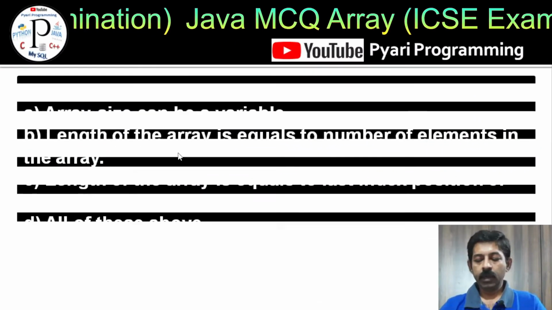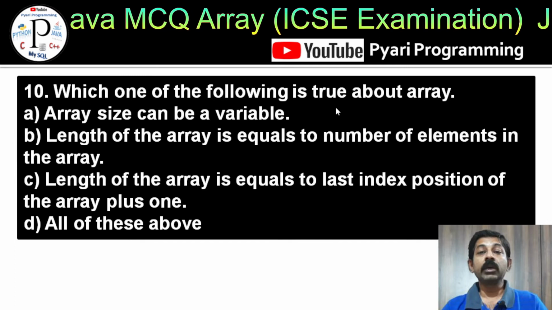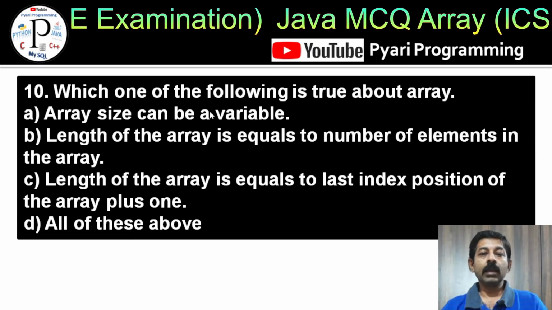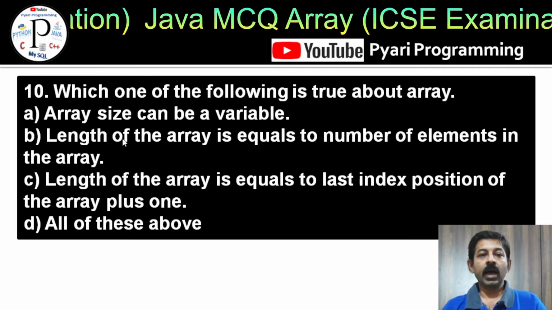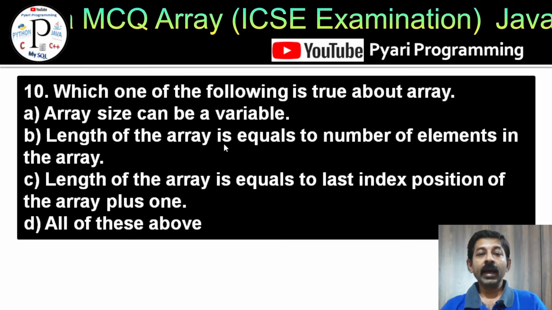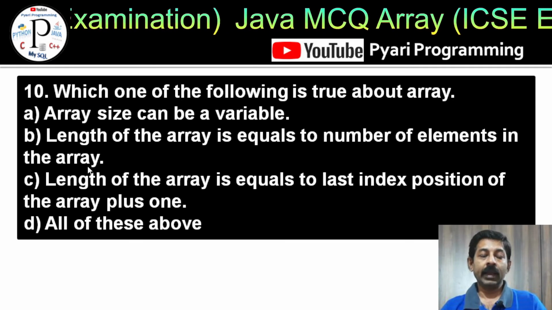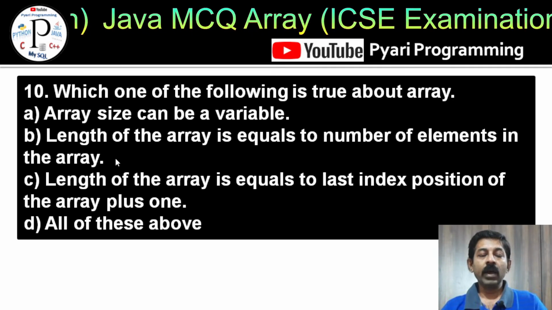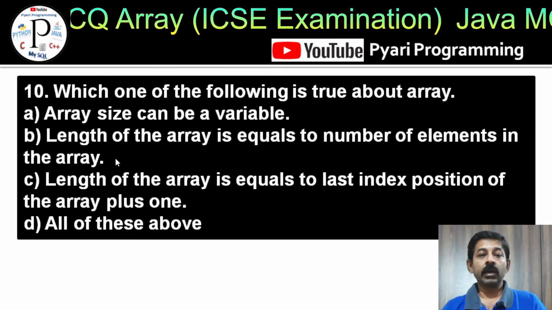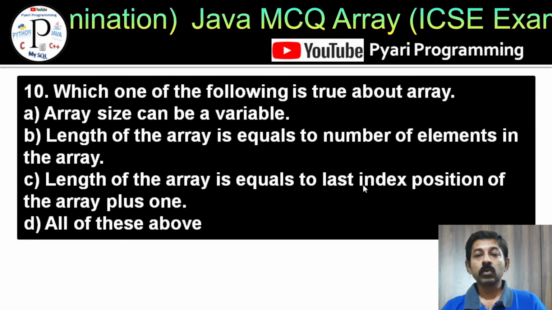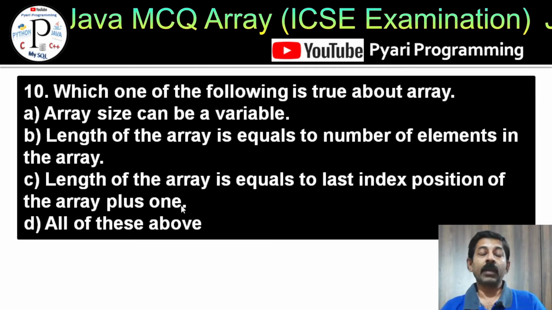In the next question, it asks which one of the following is true about array. Array size can be a variable. Yes, we can have that. Length of the array is equal to the number of elements in the array. Yes, if I have 5 elements in an array, the length of the array is 5. Length of the array is equal to the last index position of the array plus 1.